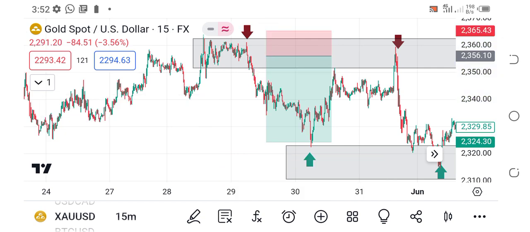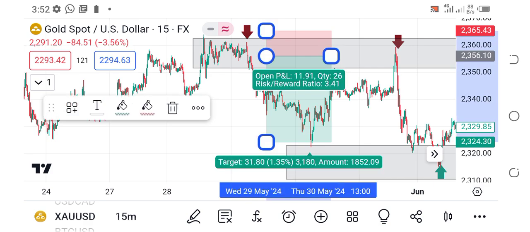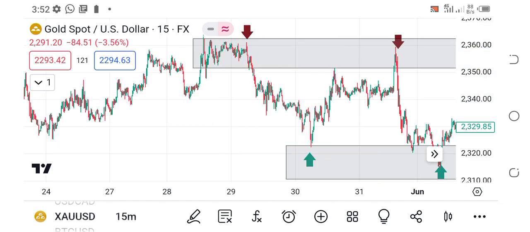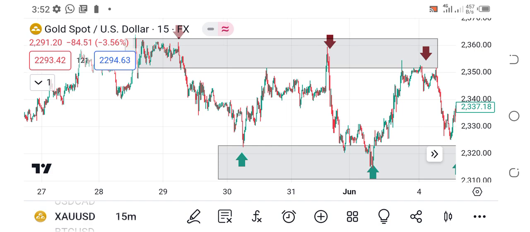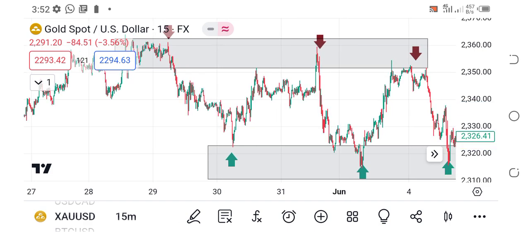This is very simple. This is just what you need to trade support and resistance level. So you buy from support levels and you sell from resistance levels. But you are not just going to trade because you know whenever price comes to a resistance level, it tends to revert back.